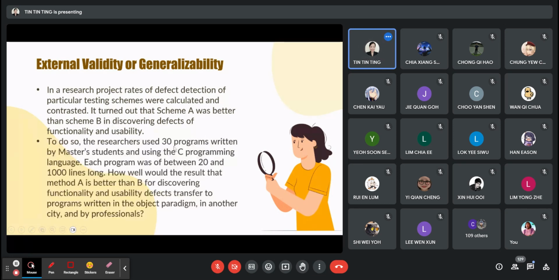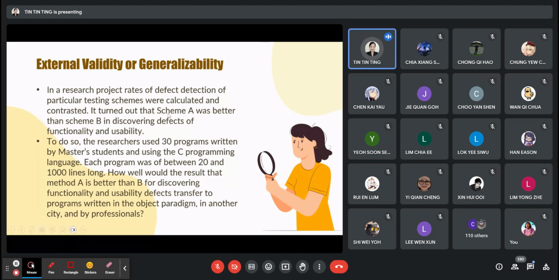They use 30 programs written by master students using C programming language, and the programs were between 20 and 1,000 lines long. How well would the result that method A is better than method B hold? Method A than B means we want to use this method to discover defects of your program.